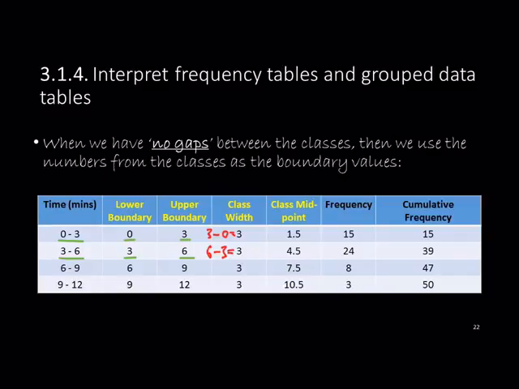Class midpoint, remember, we want to add the boundaries together and divide it by 2. 0 plus 3 is 3, divided by 2 is 1.5. And the last one, 9 plus 12 is 21, divided by 2 gives us 10.5.